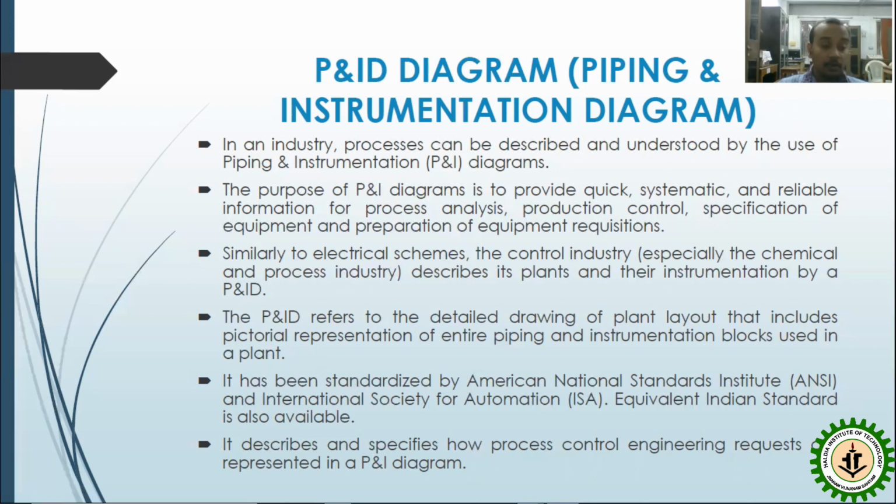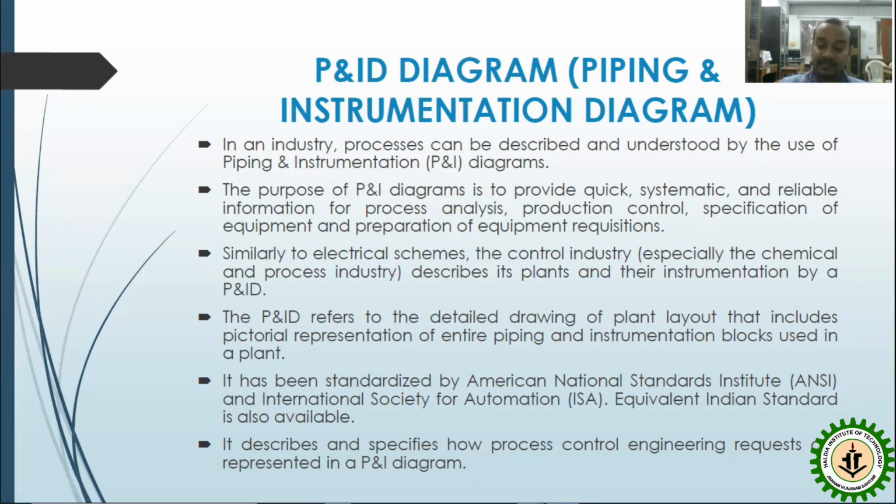The second last point we need to consider here is who will standardize the symbolic representation of each and every instrument. Here one institute and one society come into the picture from the initial days of P&ID discussion: the American National Standards Institute, shortly known as ANSI, and the International Society of Automation, known as ISA.